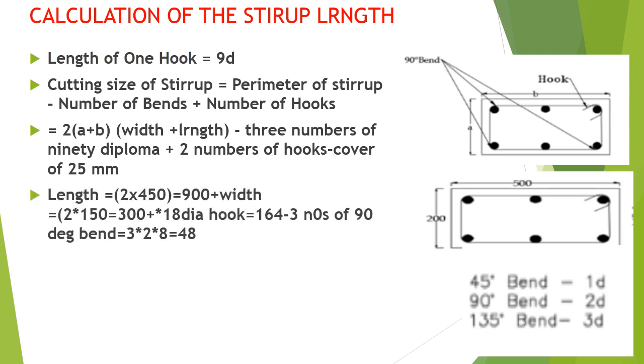Length is equal to 2 into 450, which is 900 mm. Width is equal to 2 into 150, which is 300 mm. Plus 18 dia hook is 164 mm. Minus 3 numbers of 90-degree bends, that is 48 mm. Which makes the cutting length 1,316 millimeter.